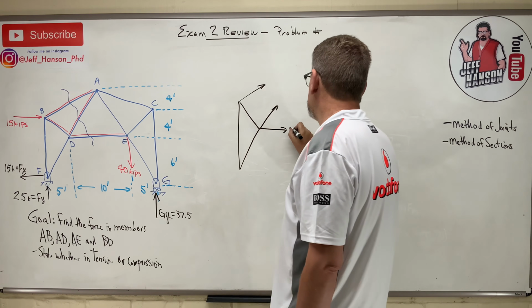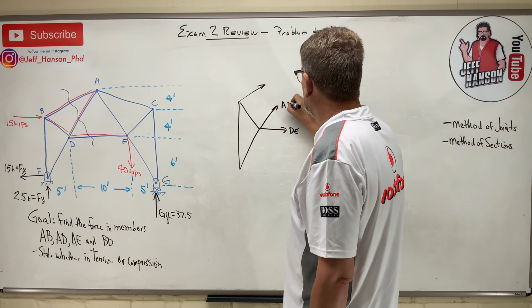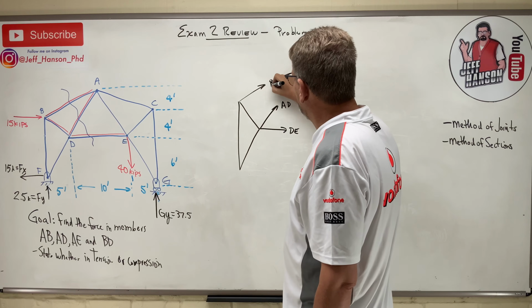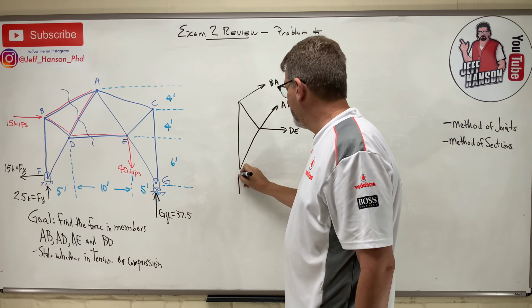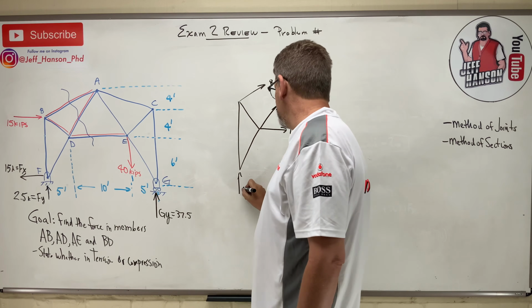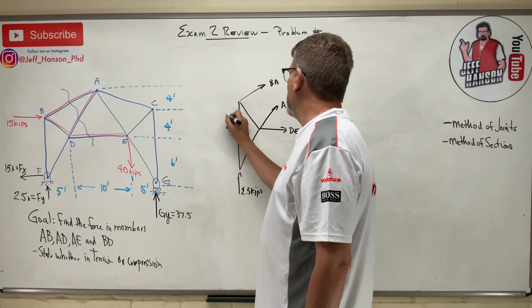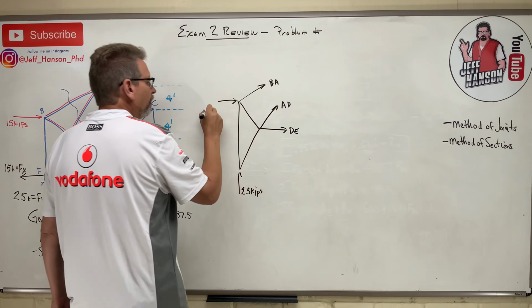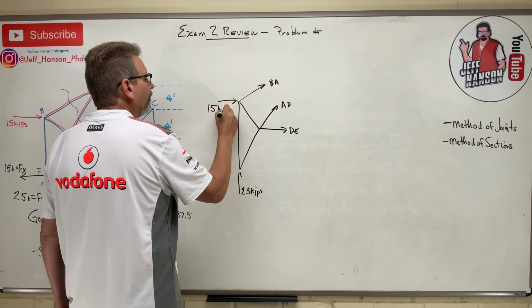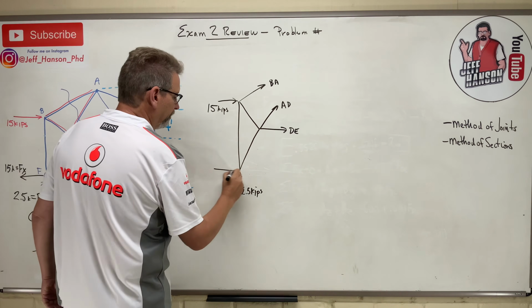Here's DE. This is AD, and this is BA. And then down here, I've got 2.5 kips. I've got over here 15. And then, of course, I've got 15 down here at the bottom.